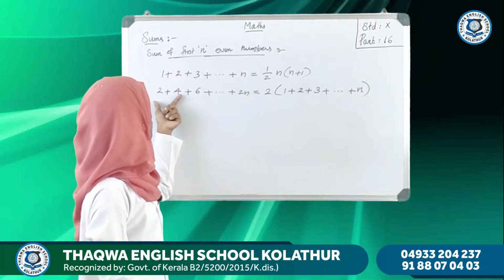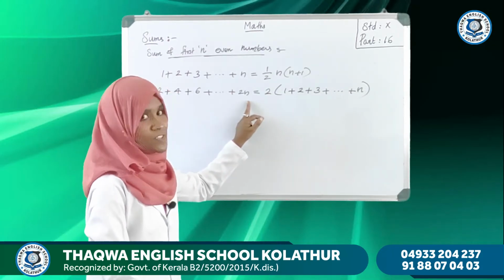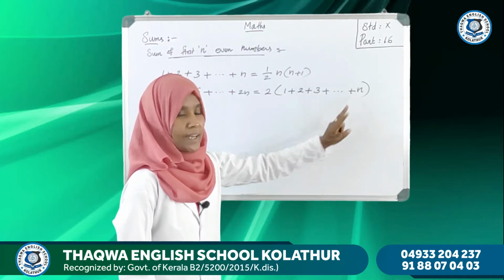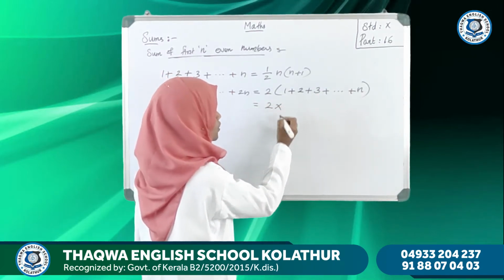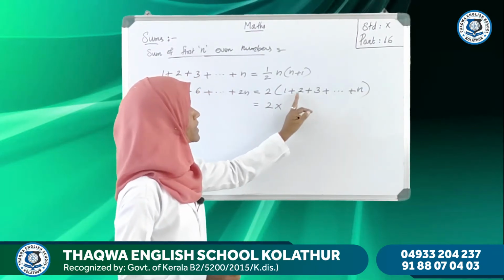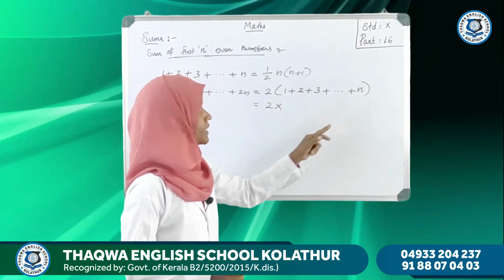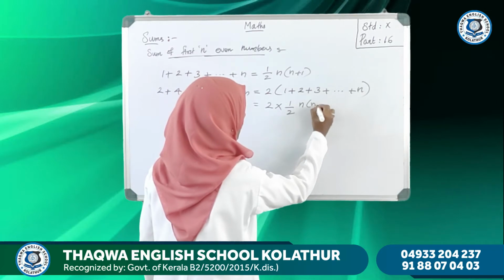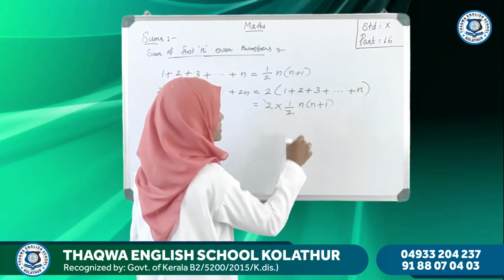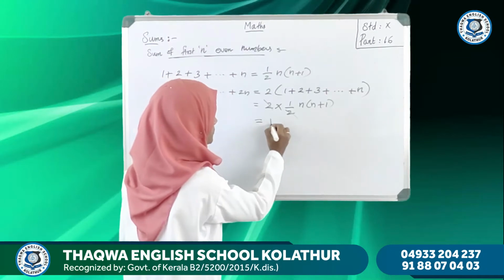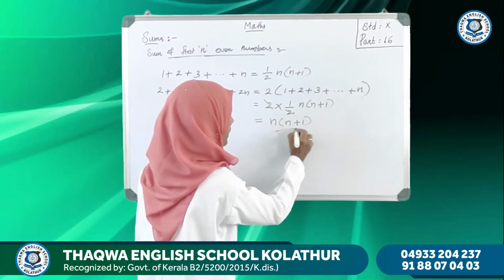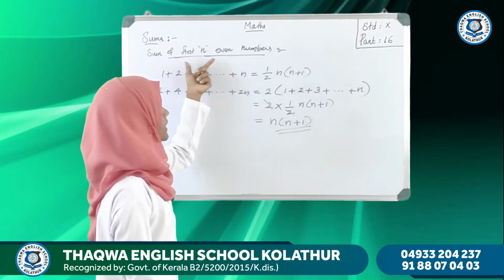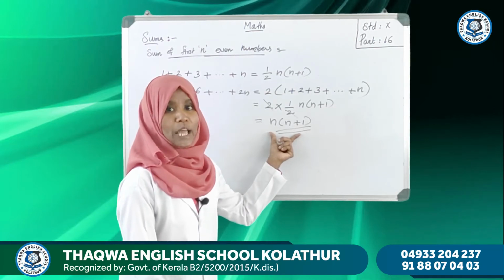We already got 1 plus 2 plus 3 and so on, plus n is half into n into n plus 1. Let us cancel 2 and 2. The result is n into n plus 1. That is, the sum of the first n even numbers is n into n plus 1.